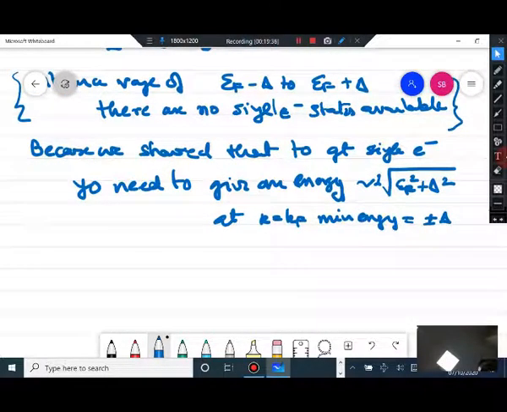Now in the next lecture we will calculate the density of states for these paired electrons: what is the density of states around this Fermi energy in the BCS state?